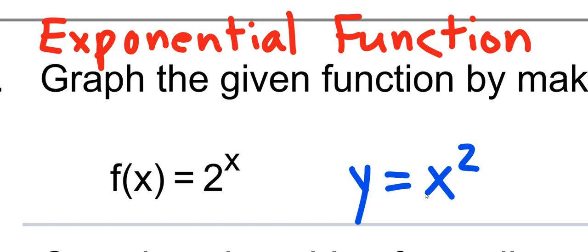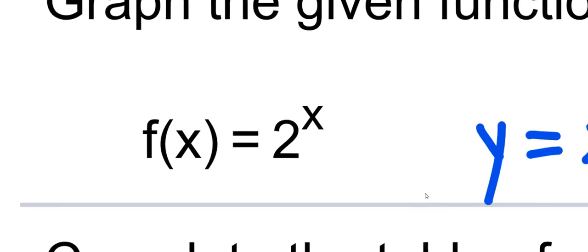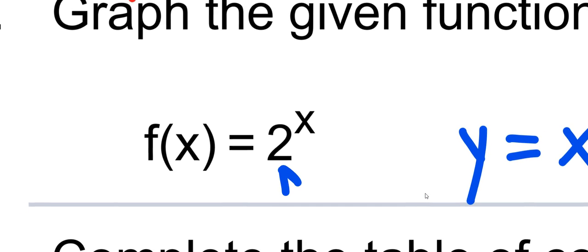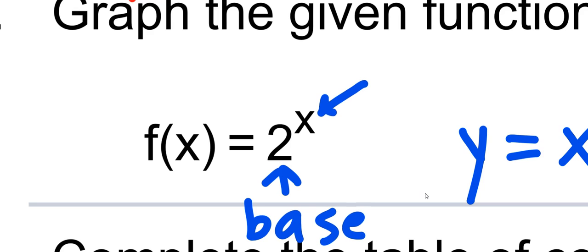What about the exponent? So we have what's called a base and an exponent.